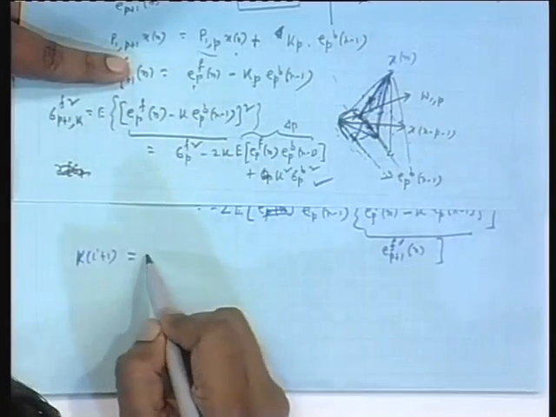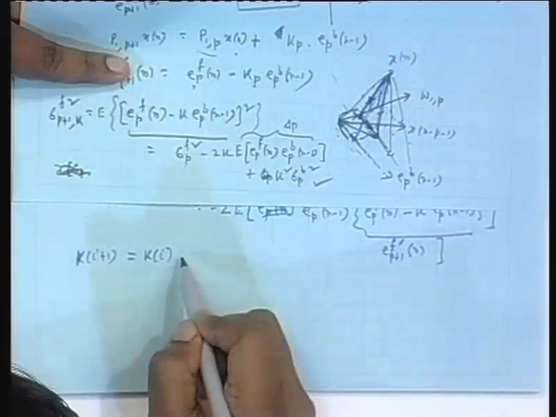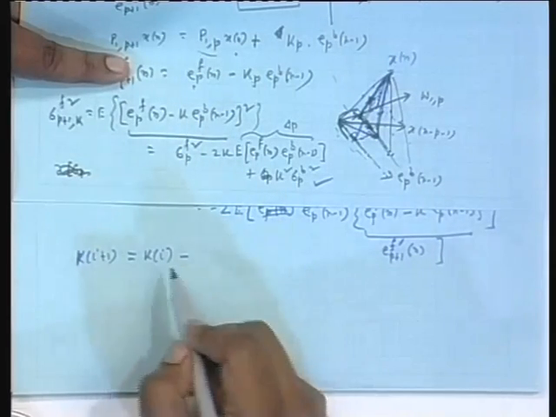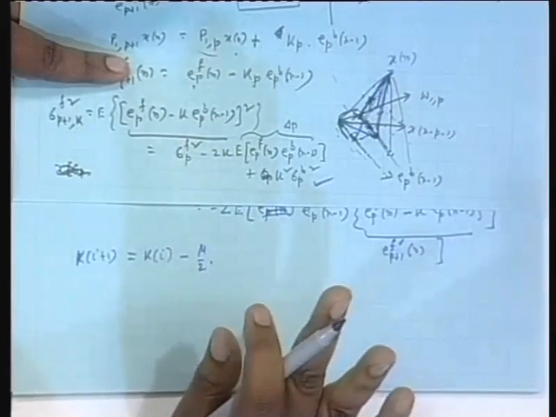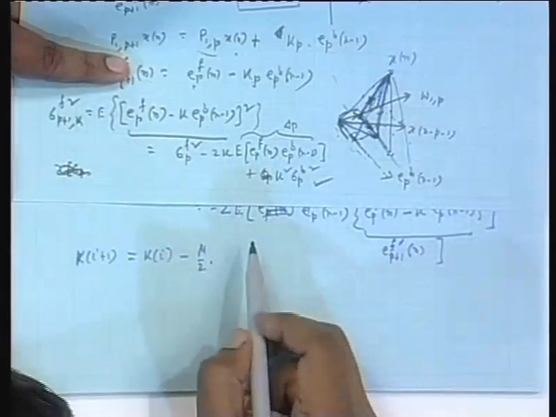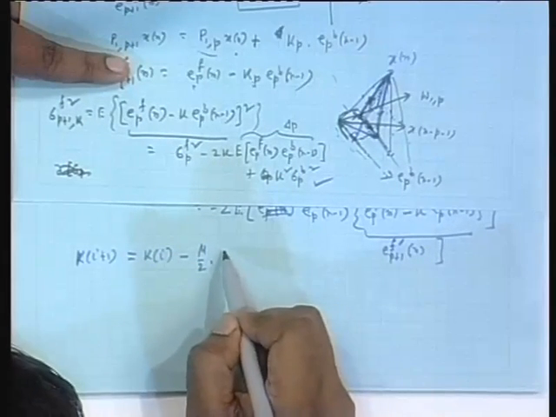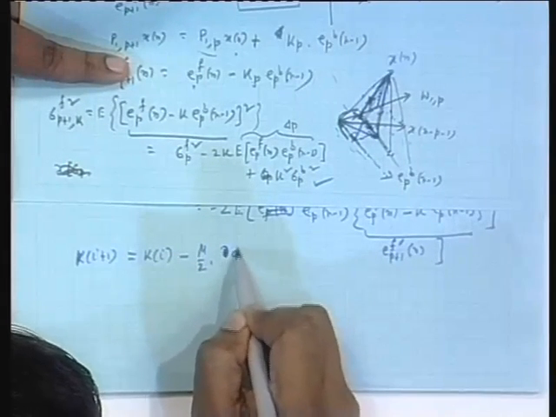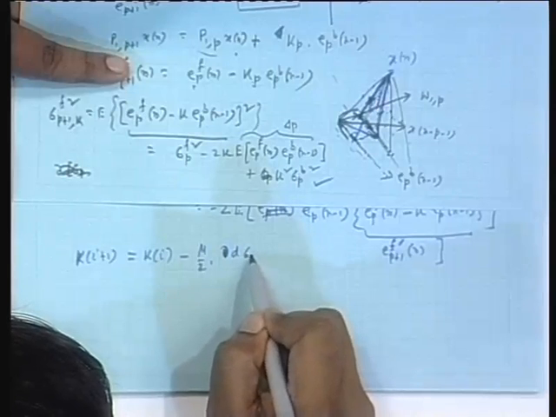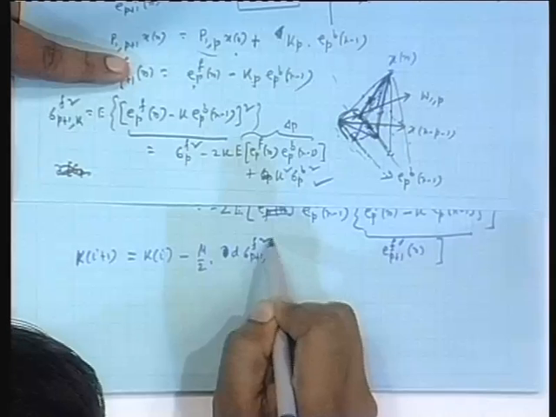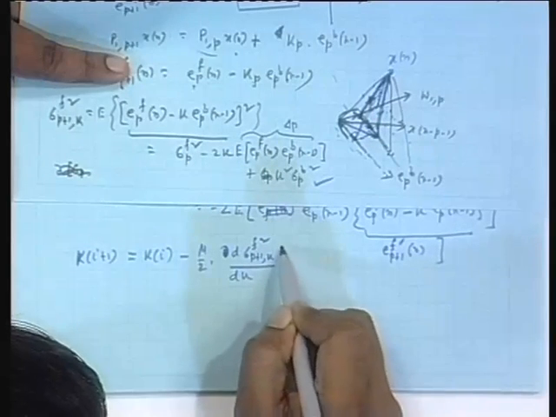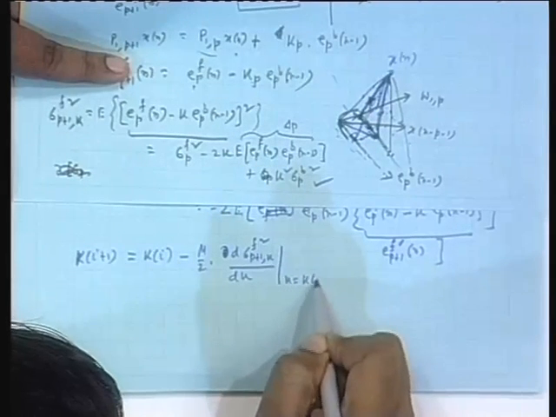Before I start using the lattice, I am just doing this offline business, like in all steepest descent, minus some constant times, constant is say mu by 2. I want the 2 and 2 to cancel, mu by 2, absolutely similar thing, mu by 2 into this guy, d sigma p plus 1 k f square by dk evaluated at k equal to ki.